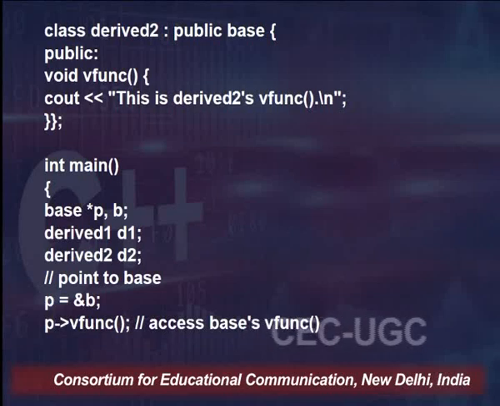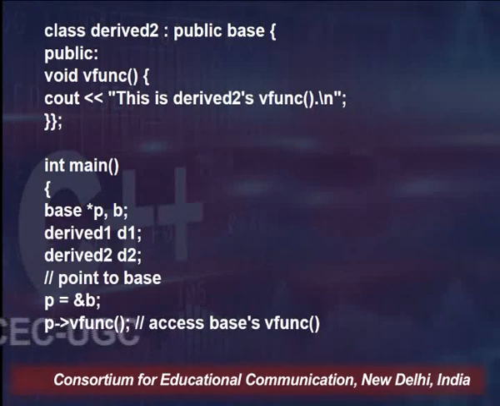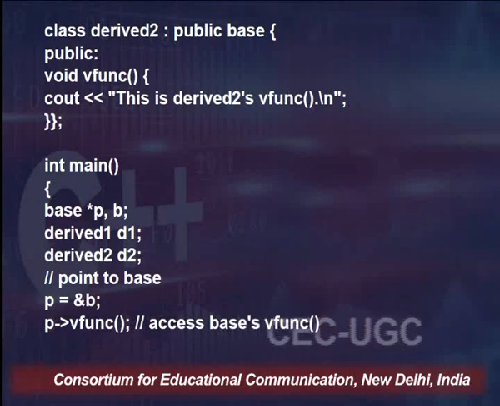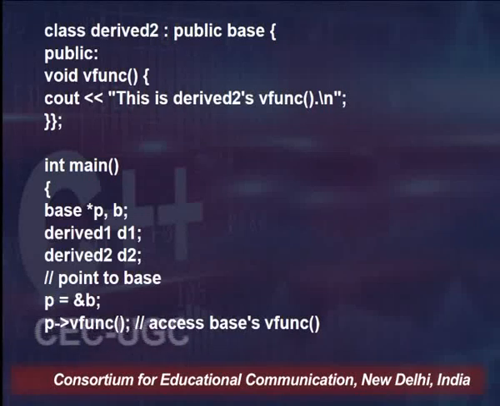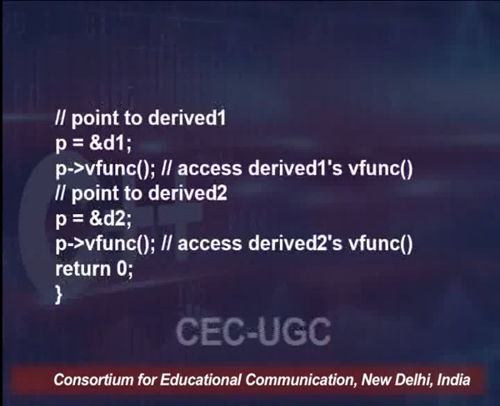But with a pointer, an arrow operator has to be there. So p, arrow operator and vfunc is going to access the base version of the virtual function vfunc.